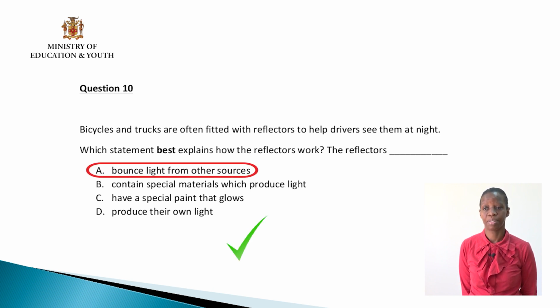Yes, that's what happens. As the name suggests, the reflectors are bouncing the light or reflecting the light. So the light from the car, the headlight or some other light on the car, when it touches the reflectors will bounce that light, and so you're able to see that bicycle or truck.